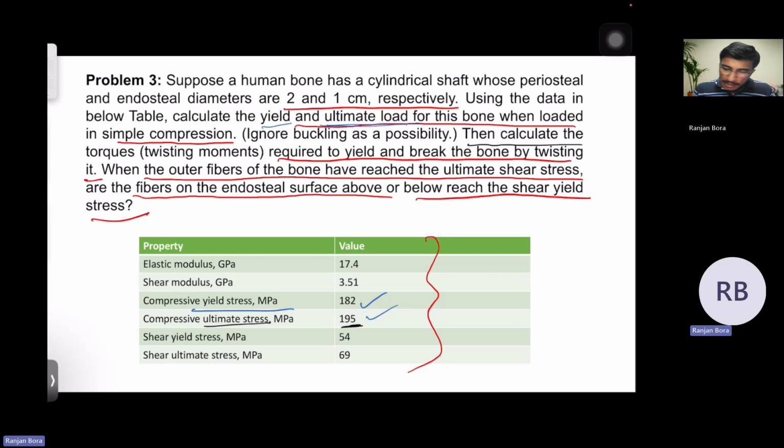Now we need to calculate the torques required to yield and break the bone by twisting it. What is the relation for the shear stress when a torque T is applied? We have the relation tau equals T R by Iz, where Iz is the polar moment of inertia.